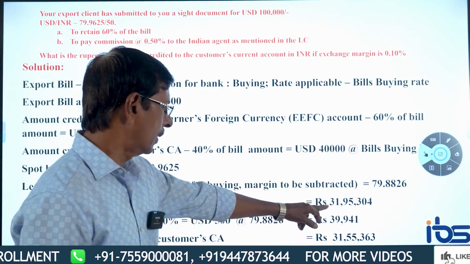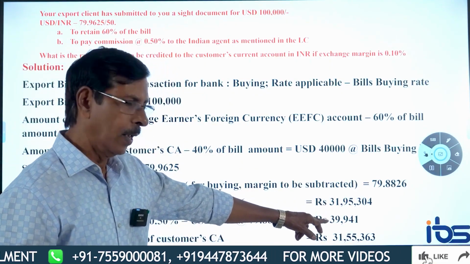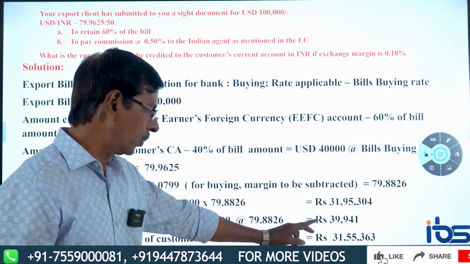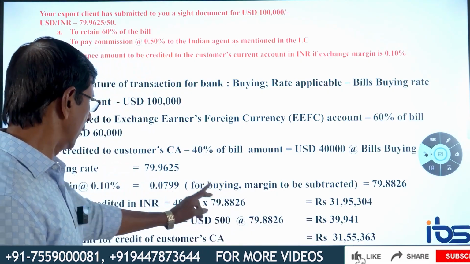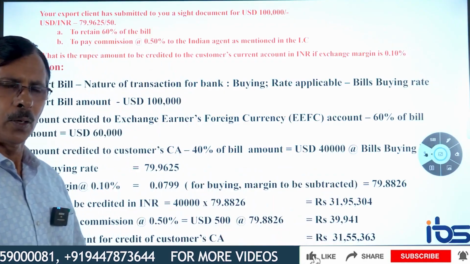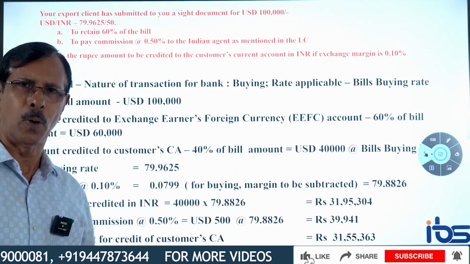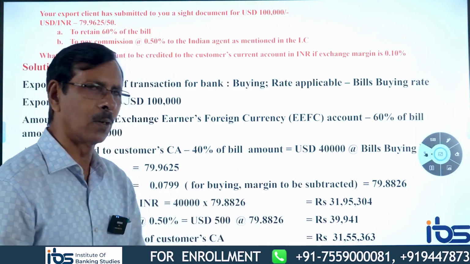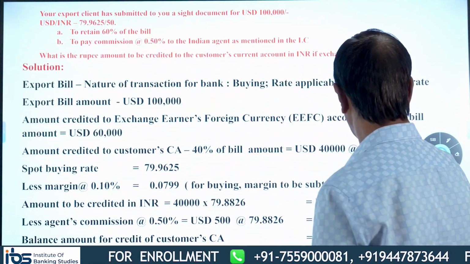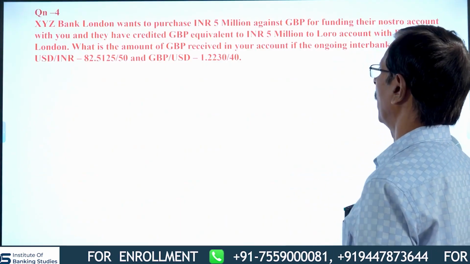So this is the rupee equivalent of 40,000, and out of 40,000, $500 has to be given to the broker. So $500 rupee equivalent at the same rate, 79.8826 is coming to 39,941. You recover it, you pay this to the broker. So the net amount credited to the current account is 31,55,363.